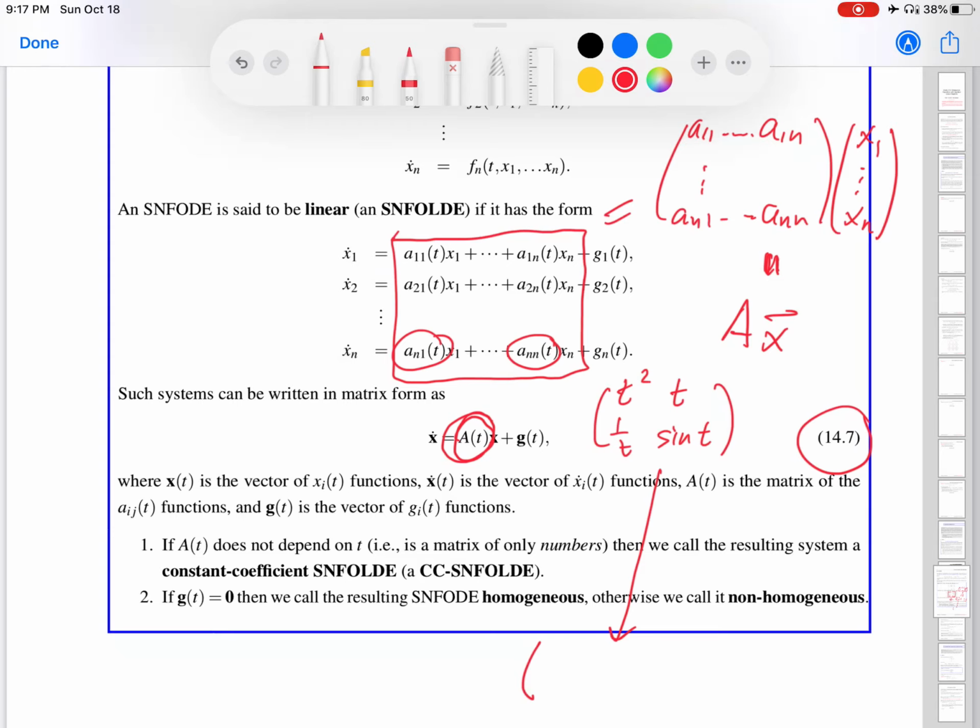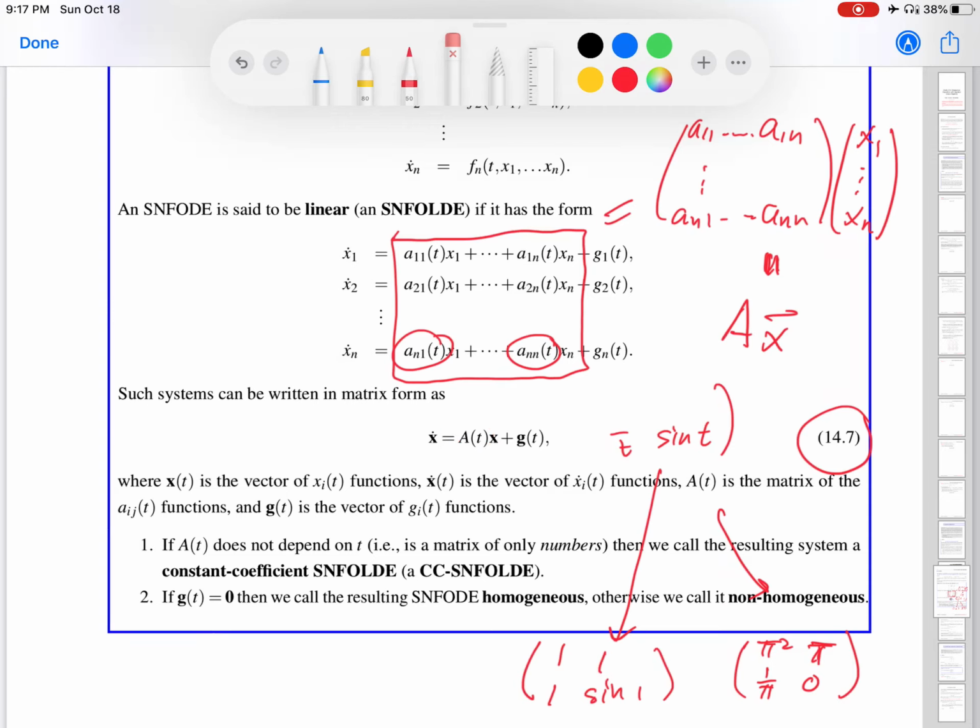For example, if t equals 1, then this matrix would be 1, 1, 1, and then sine of 1, whatever that is. If t equals pi, this matrix will be pi squared, pi, 1 over pi, and then sine of pi, which is 0. Okay, so that explains this notation over here with the A of t.